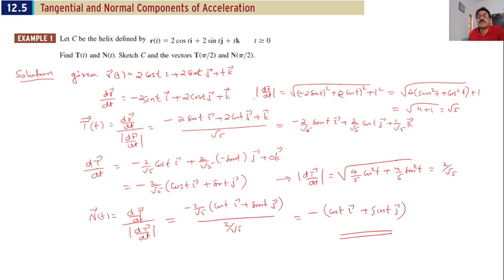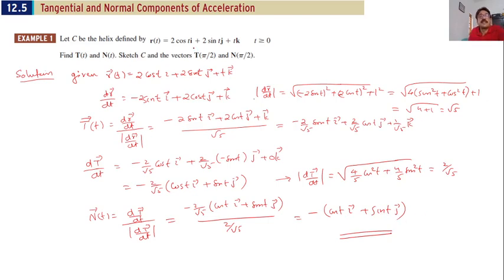So this is minus 2 by root 5 i plus 1 by root 5 k. So that is actually T at pi by 2. Similarly, you can calculate N at pi by 2 by putting t is equal to pi by 2 here. This component is 0 since cos pi by 2 is 0, and sin pi by 2 is 1, so it reduces to minus j.